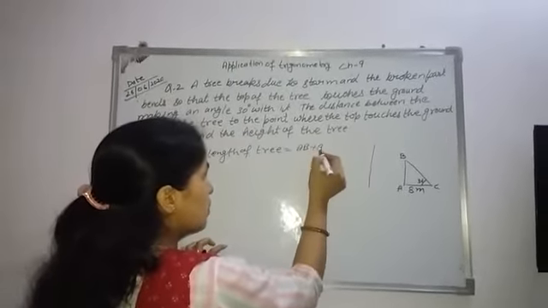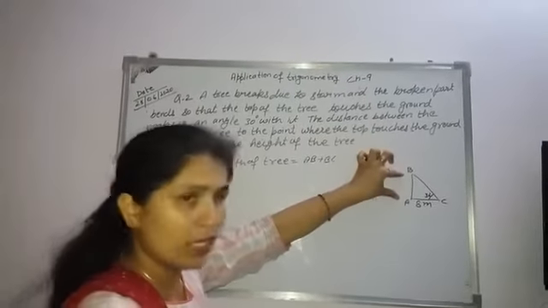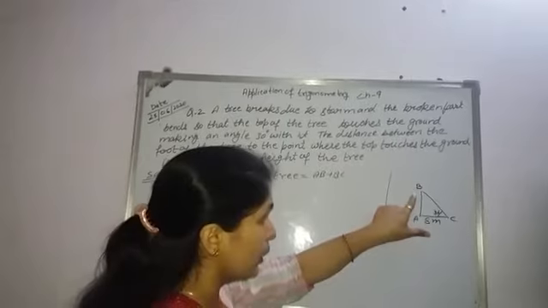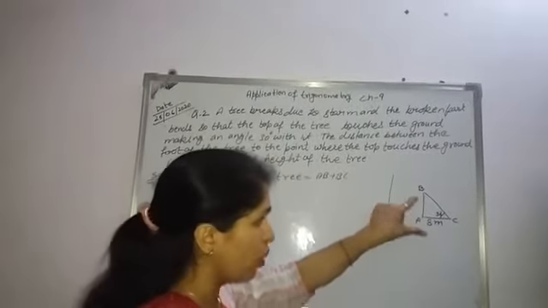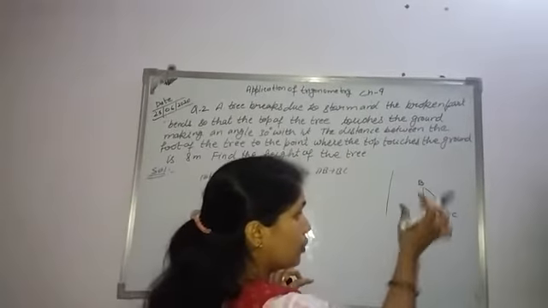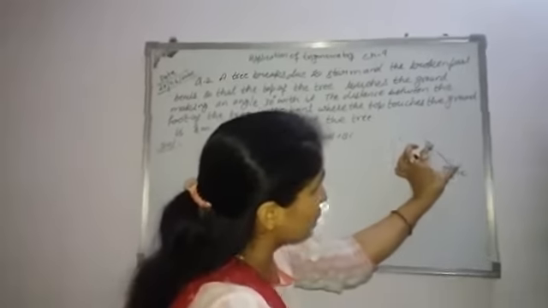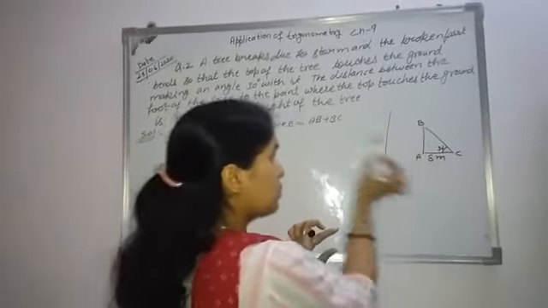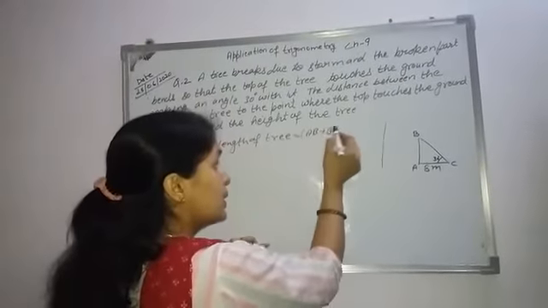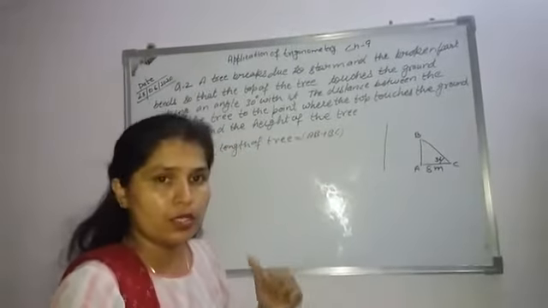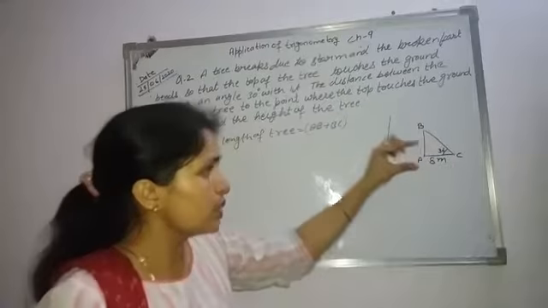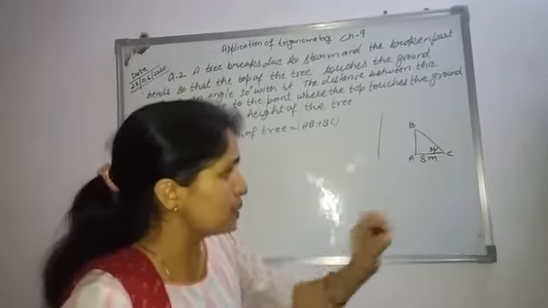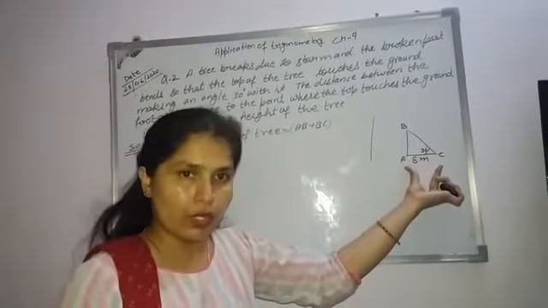AB plus BC is not equal to AB, because AB is the part of the tree. Because it breaks down due to storm, the total height of the tree will be AB and the part which bends down. So AB plus BC is the total length, and this length we want to find out in this question. It means we want to find these two sides AB and BC, and one side is given to us.